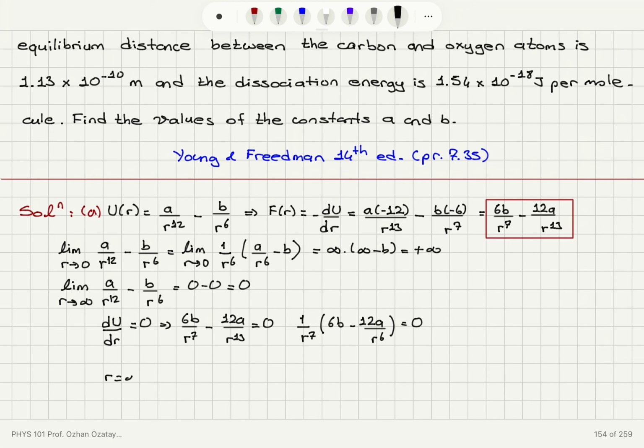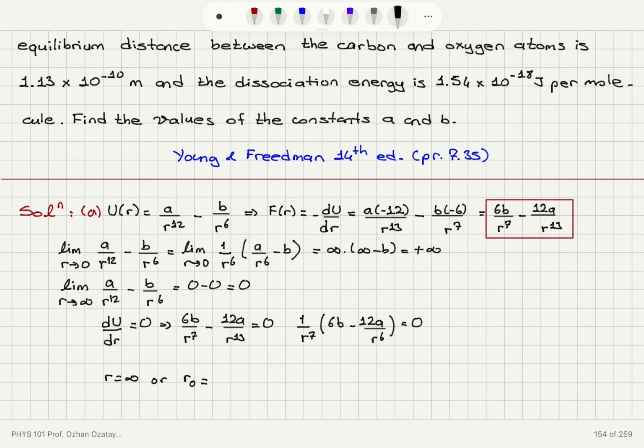R can be infinite, or we find an equilibrium distance R0, which is found by looking at the root of this, and it's going to be 6B equals 12A over R to the 6.